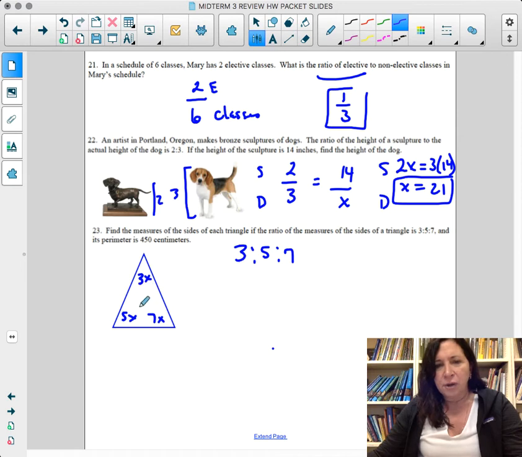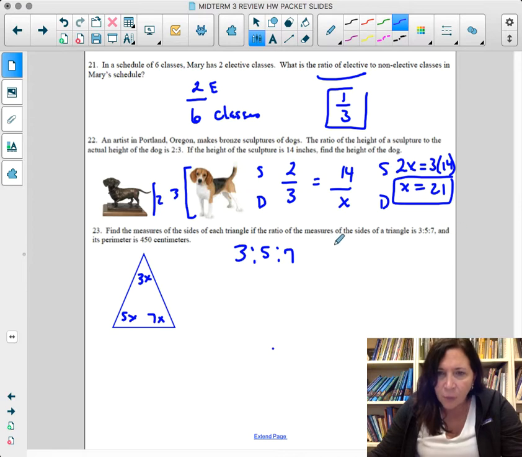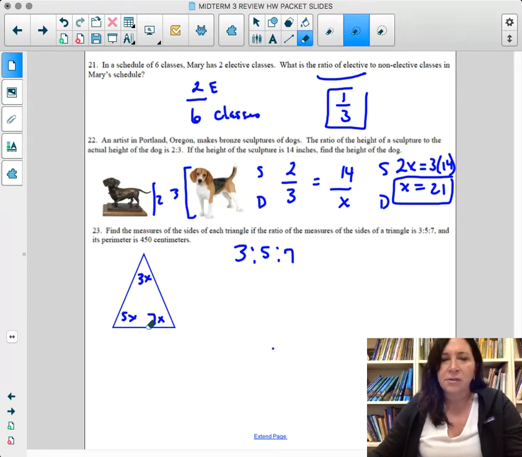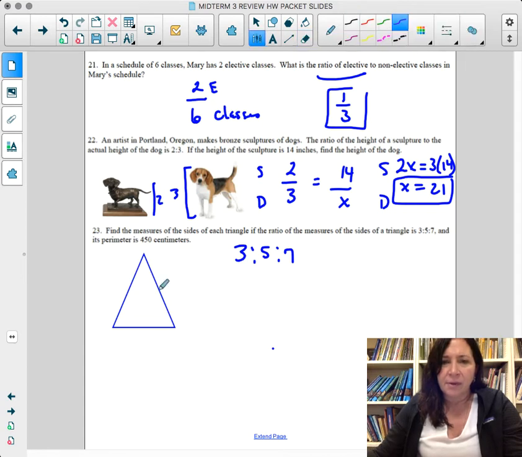Now, what you know is that the sum of the angles of a triangle add up to be 180. Now, in addition to that, what you also know is, what is this? It says, oh, this is the sides, not the angles. So let me fix that. Okay, this is 3 of something, still 3 of something, but not angles. These are sides. 5 of something and 7 of something.